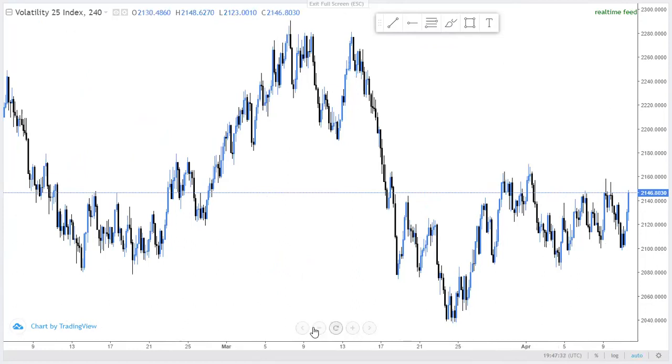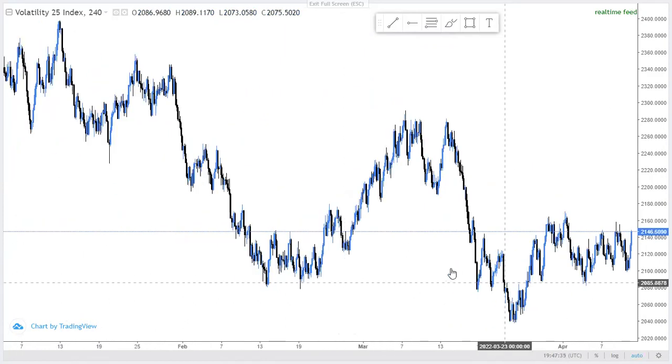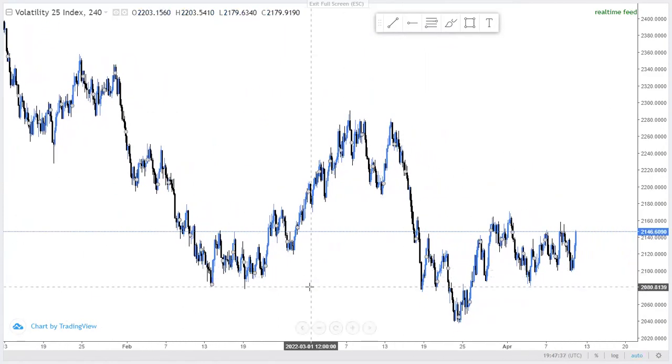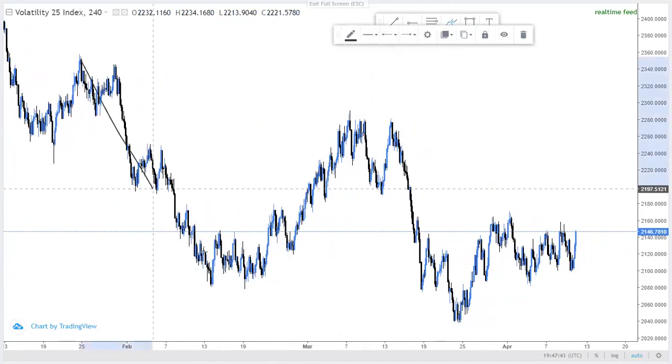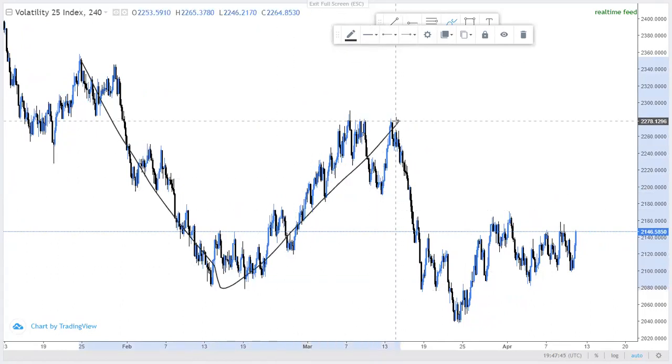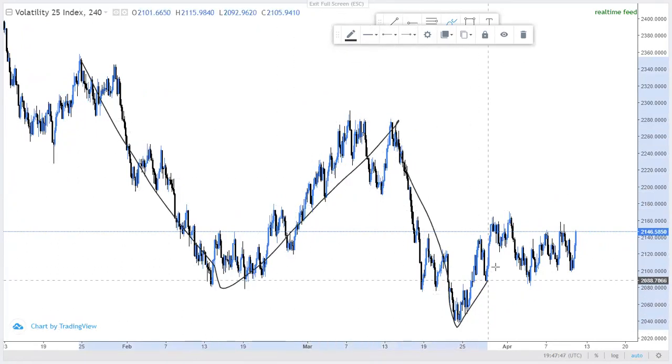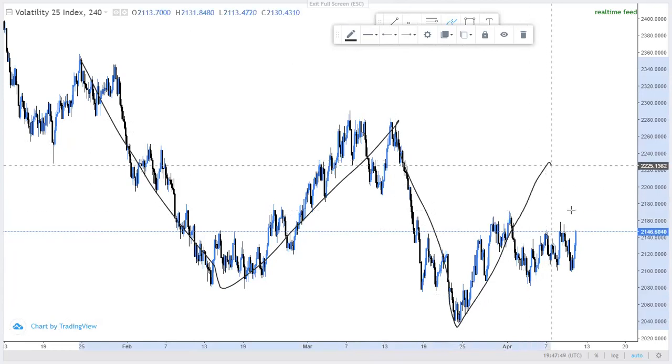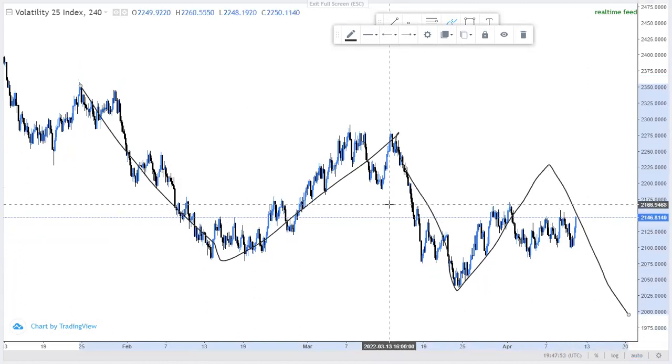In here, what we notice is that price has been coming down, trending down. This is what we've noted from the daily time frame. We've been coming down, creating highs and lows. So we expect price to continue doing the same thing.